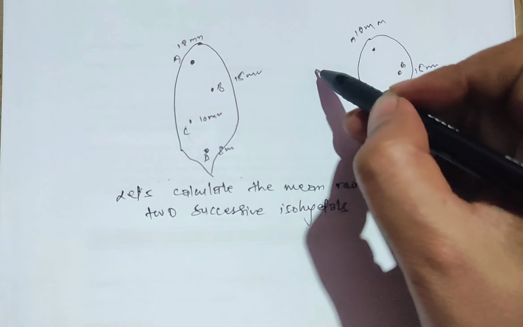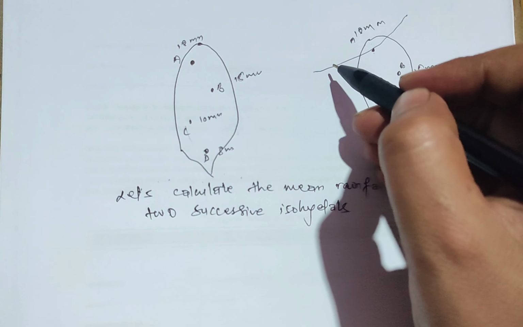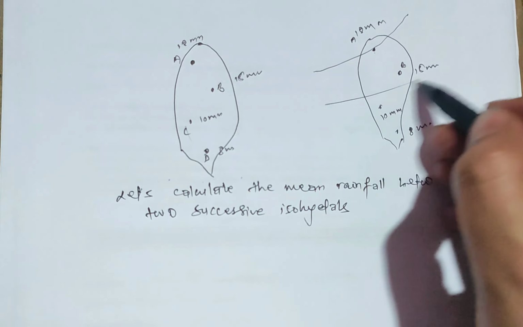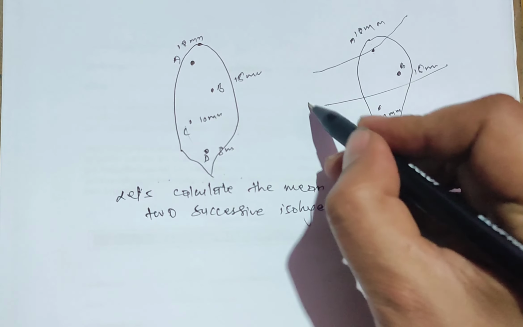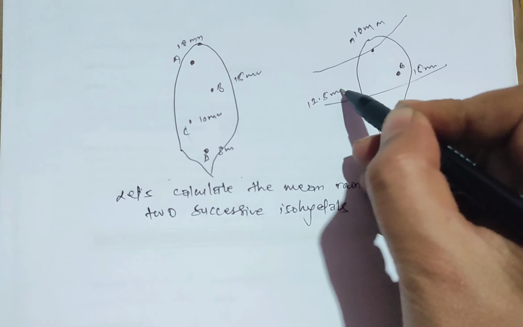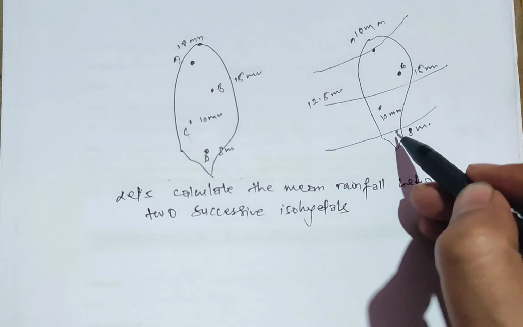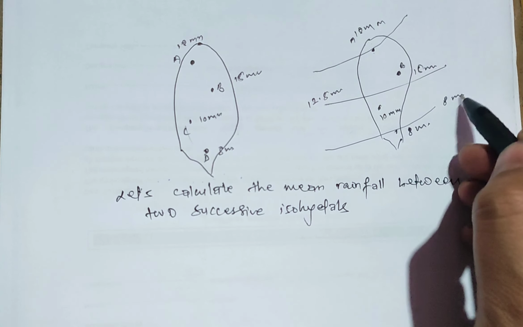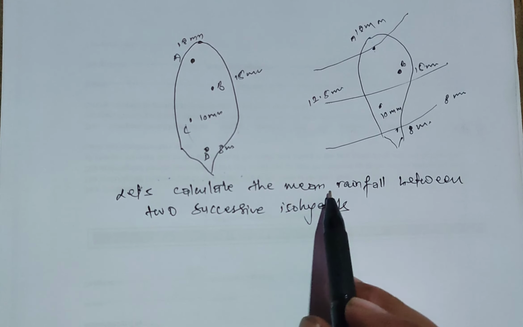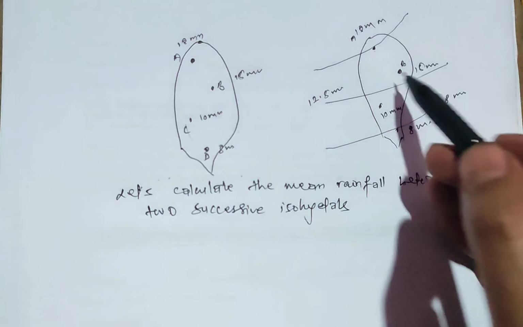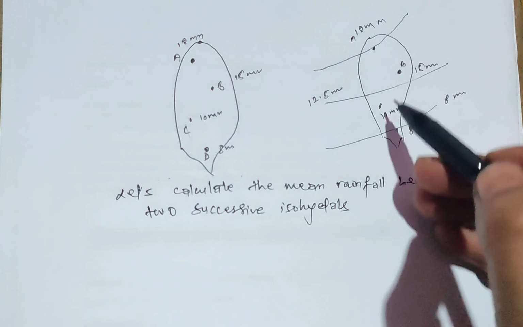That is, the rainfall at this is 15, and at this take the mean of this and this, that is 15 plus 10 divided by 2 is 12.5 mm, and at this point it is 8 mm.